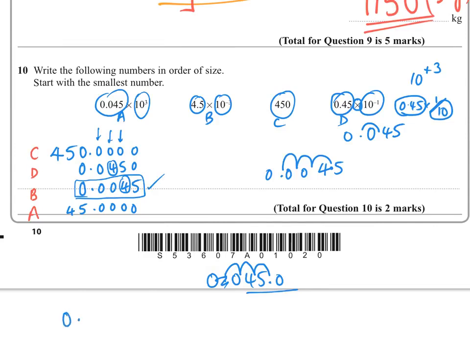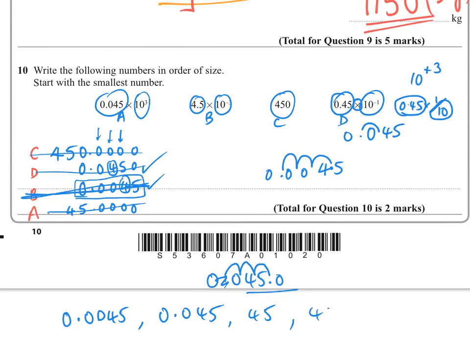So 0.0045 is the smallest, so I guess get rid of that one. The next smallest one is this decimal, obviously, so the next smallest one is 0.045. Then we've got 45, and then we've got 450.